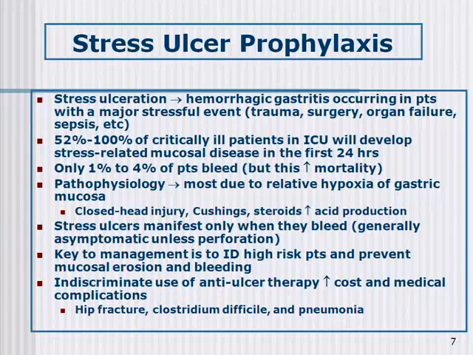The estimate is that in the intensive care unit, between 50 and 100% of truly critically ill patients will develop a stress ulcer, but not all of those patients bleed. It's thought that only one up to about 4% of patients will suffer a significant bleed, but in those that do, that increases their mortality.